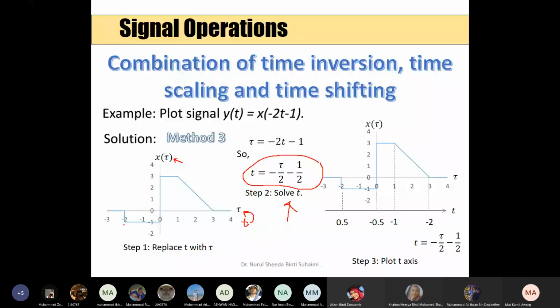This is the signal. Then after that, you solve for t and you plot the t-axis. So this is method 3.